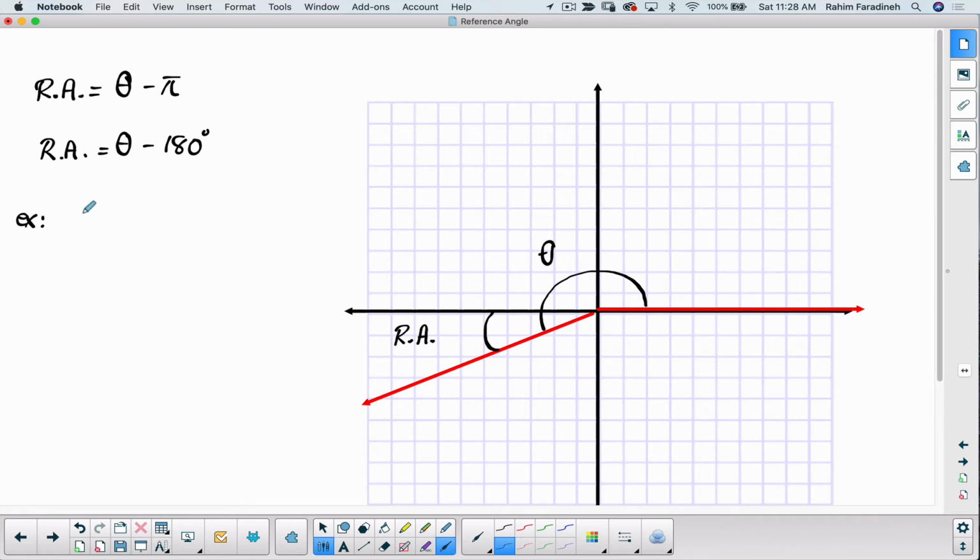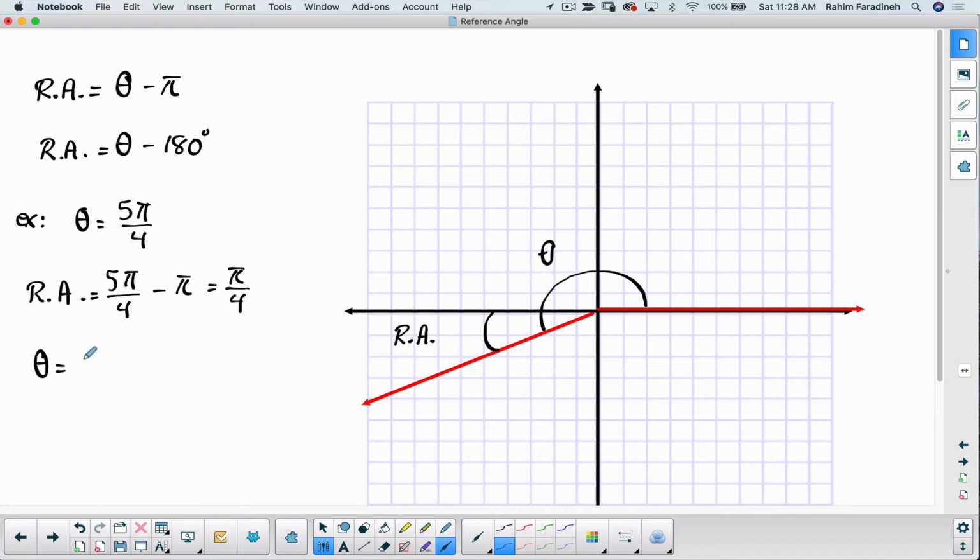So for example, let's say theta is 5 pi over 4, which is in the third quadrant. So the reference angle will be 5 pi over 4 minus pi, and with a little bit of simplifying, the reference angle will be pi over 4.